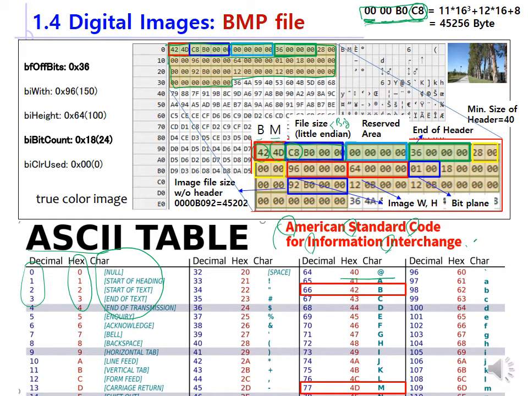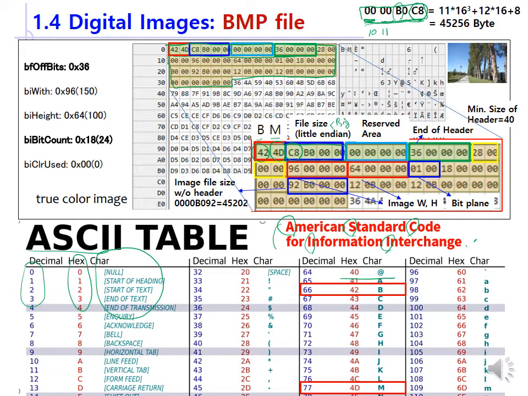B in hexadecimal is 11, right? A is 10, B equals 11. So this is the fourth positional number, the third power of 16.